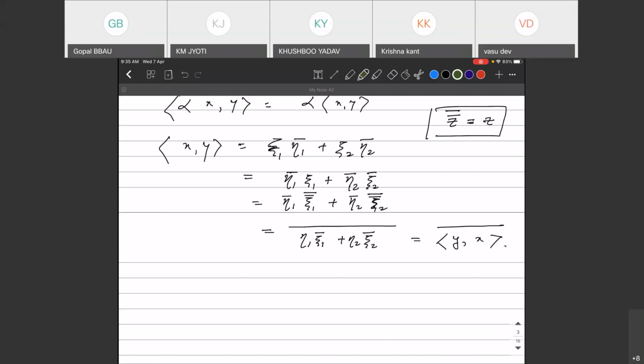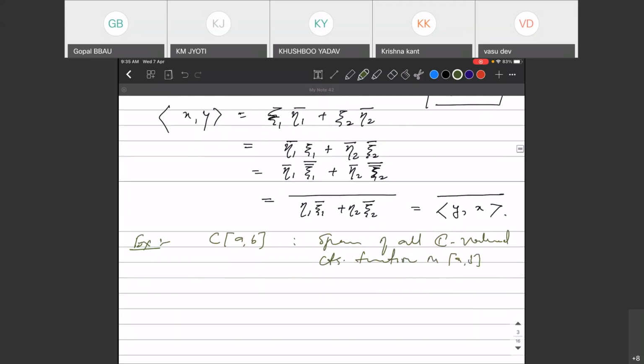Okay, now let's give another example. Take C[a,b], the space of all C-valued continuous functions on [a,b]. Then we may define (f, g), the inner product of f and g. So f and g both are complex valued continuous functions.